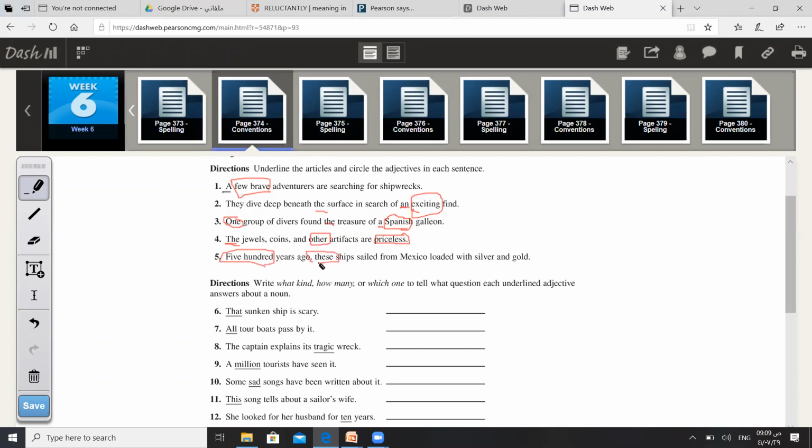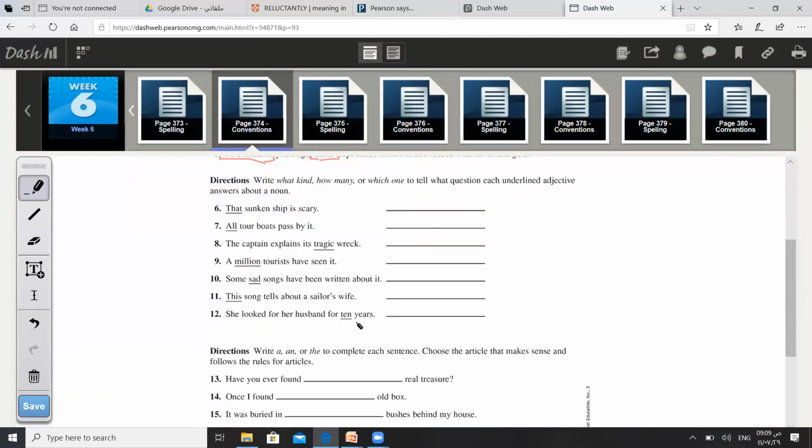Now, write what kind, how many, which one. Listen, I'll give you the answers later. Don't write anything. Tell which question each underlined adjective answers about a noun. Which one? Which one?